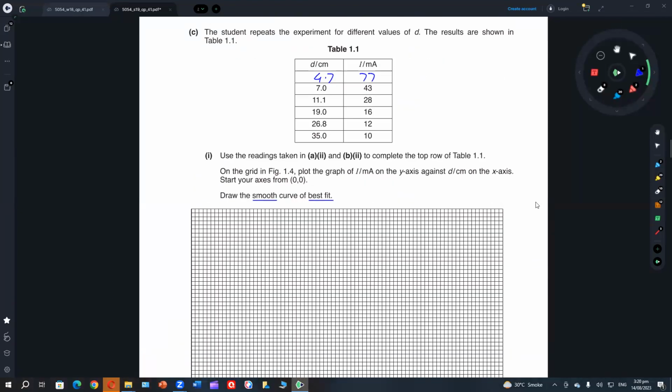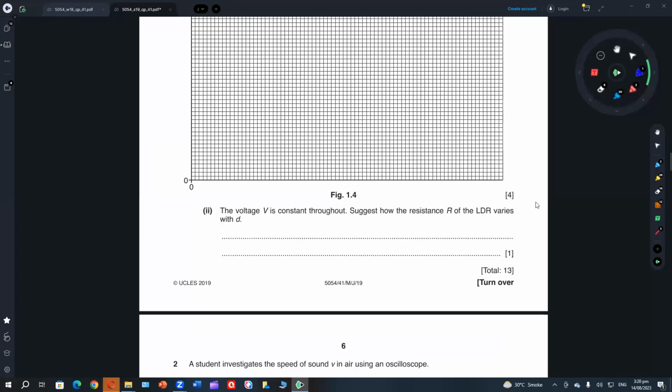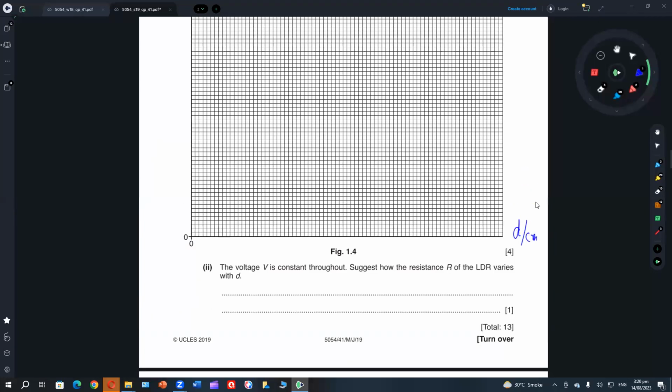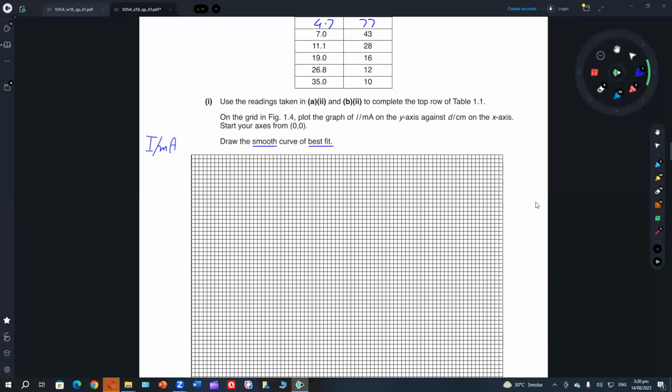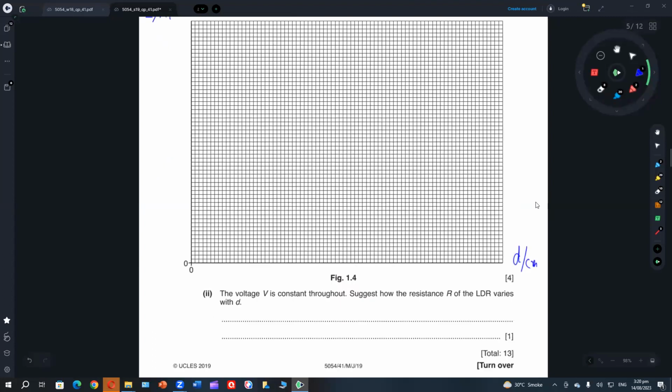So D is coming. Plot the graph of I on y-axis and D on x-axis. D starts at 4.7 and is going up to 35.